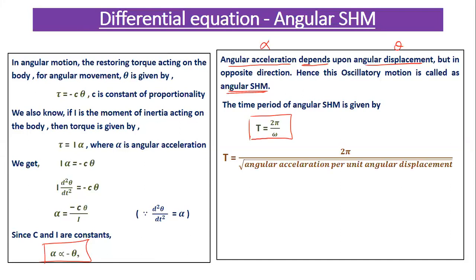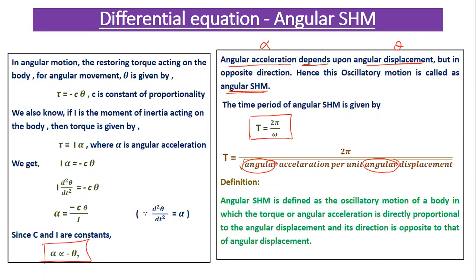As well, we know the formula T is equal to 2 pi divided by under root of angular acceleration per unit displacement. In linear SHM we wrote T is equal to 2 pi upon root of linear acceleration per unit displacement. We do not use the word angular there. But when we are talking about the period of angular SHM, it is given by this formula.